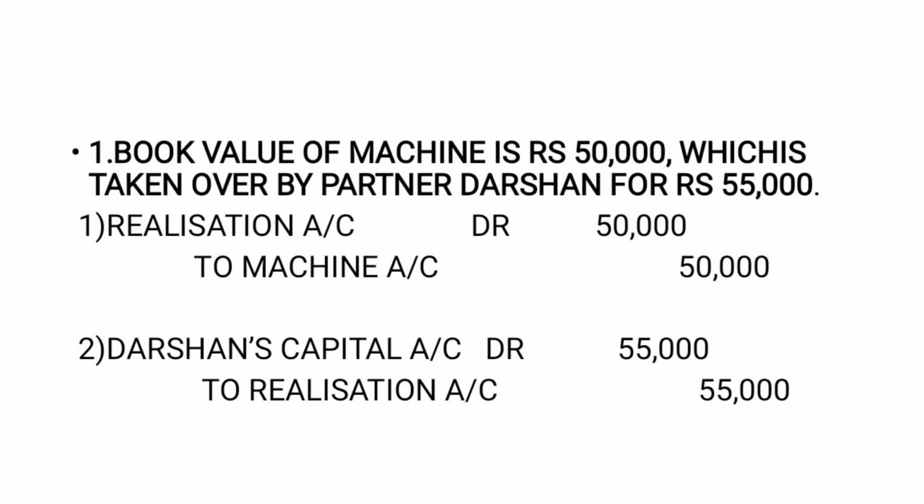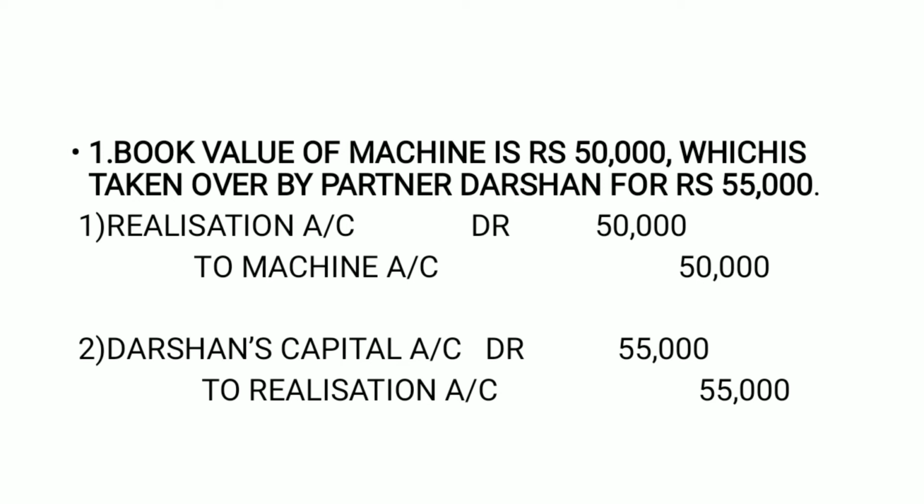Book value is the value at the time of dissolution. Then you have to check whether the realizable value is mentioned, or whether it is instructed that the book value itself is realized. So with this, let us begin solving this sum.